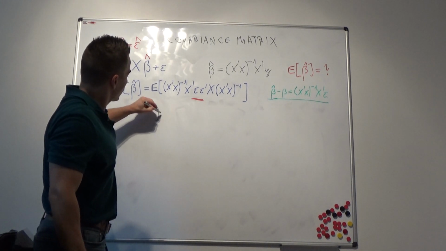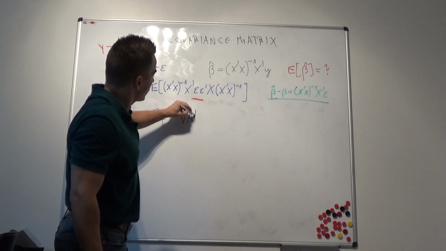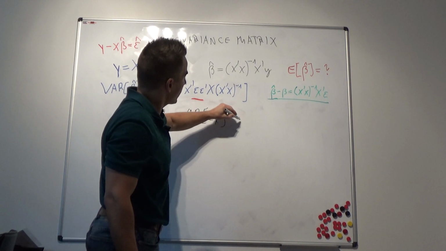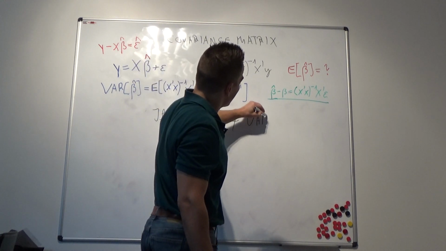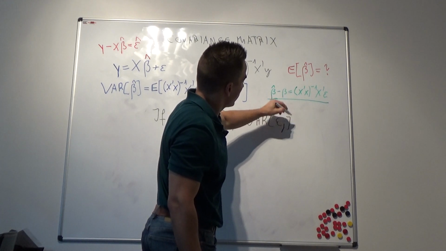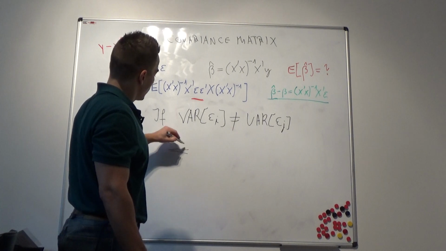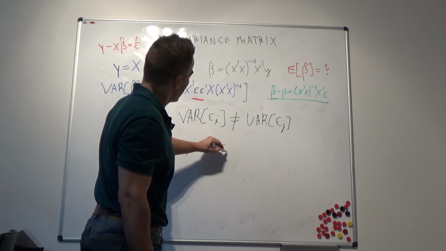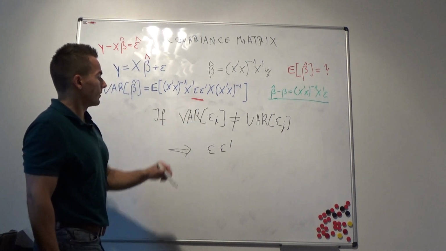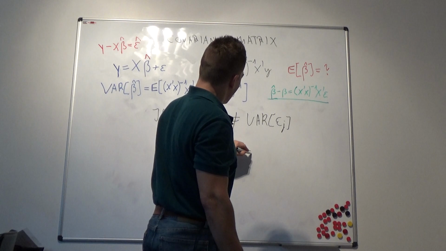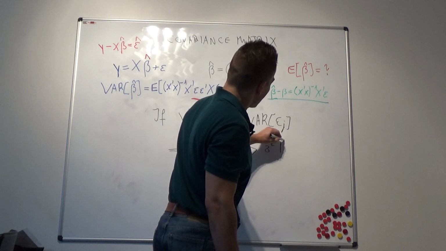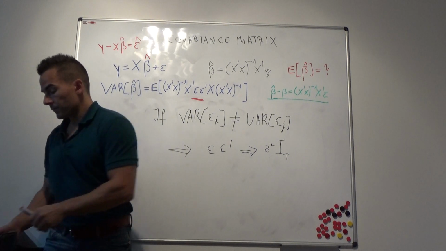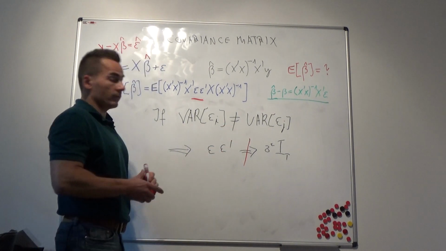Obviously, if the variance of epsilon i is unequal to the variance of epsilon j, then we cannot estimate this as sigma squared times the identity matrix of dimension T. So if this is the case, this operation no longer works.